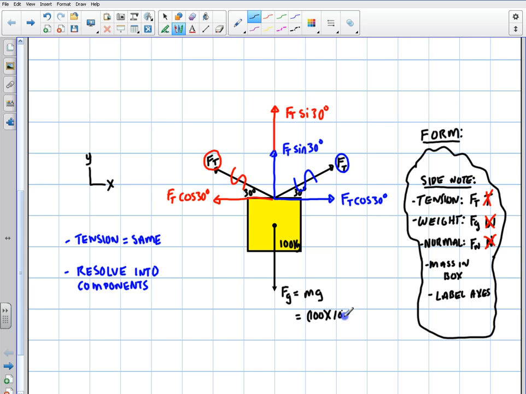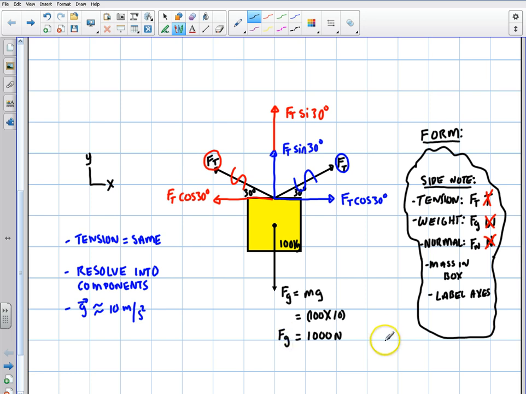Okay, g is approximately 10 meters per second squared. I'll just approximate it in this case. I normally don't, but we'll just go ahead and do that. Not a big deal. So now I can see right away that this box is 1,000 newtons. Okay, that's the weight of the box.